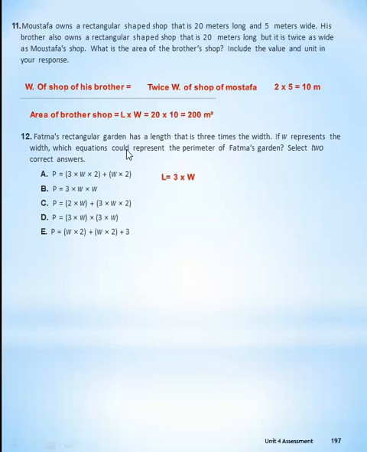Length equals 3 times W. So perimeter, we know, equals length times 2 plus width times 2, right? So we replace the letter L, length, with 3 times W, so it will be 3 times W times 2 plus W times 2, or width times 2.